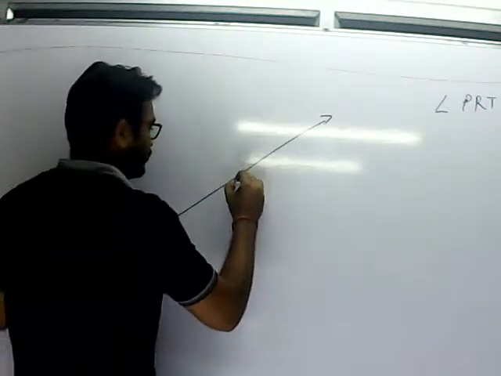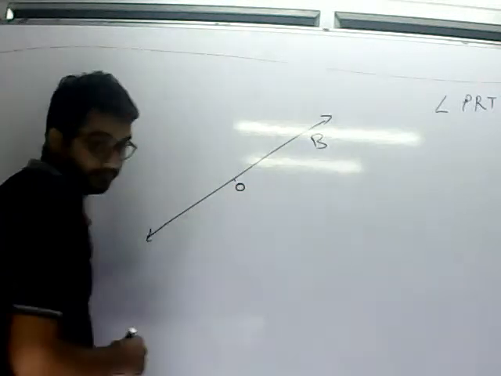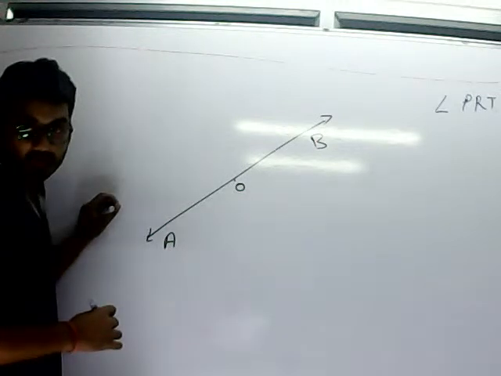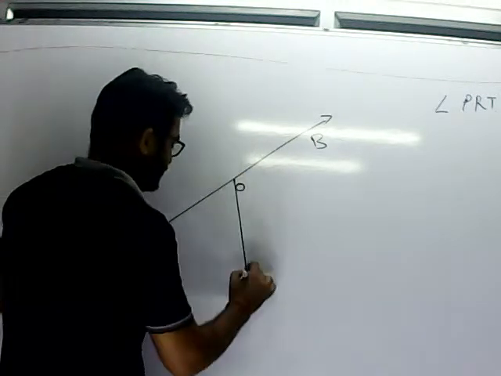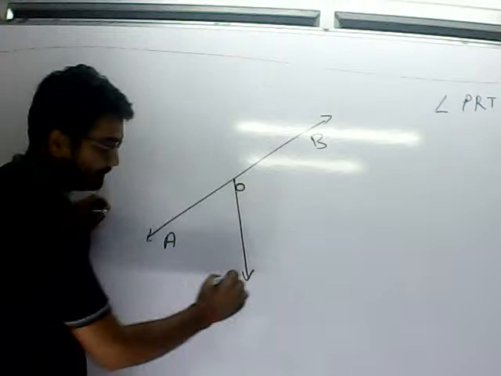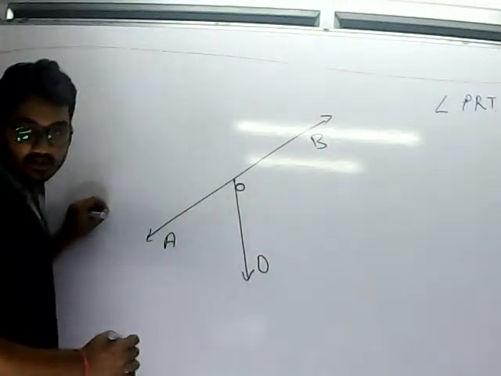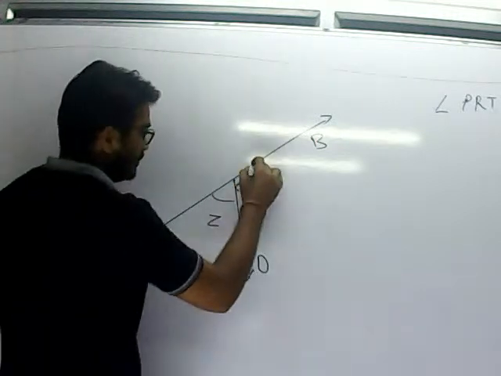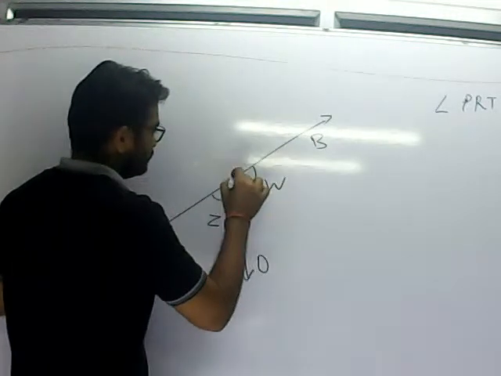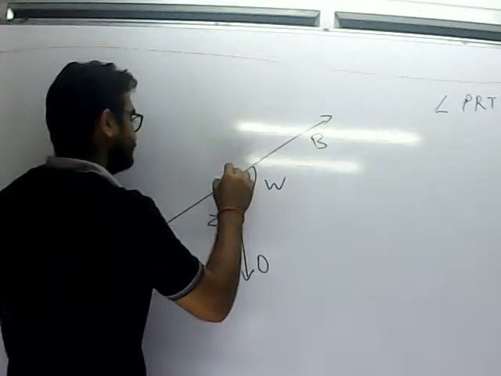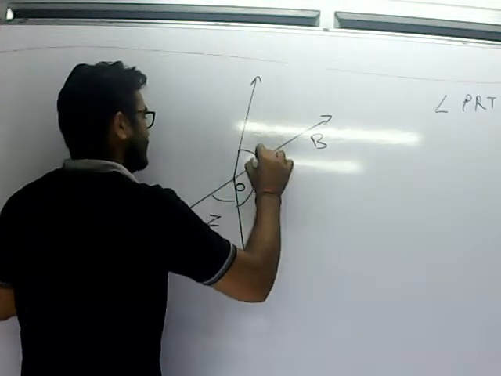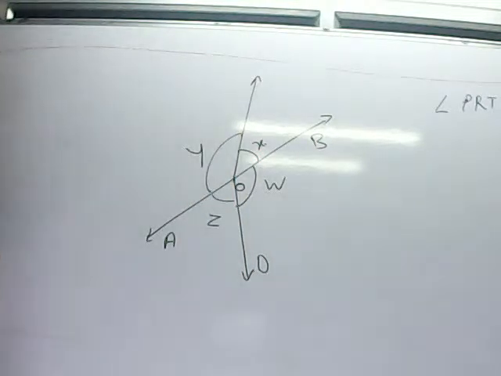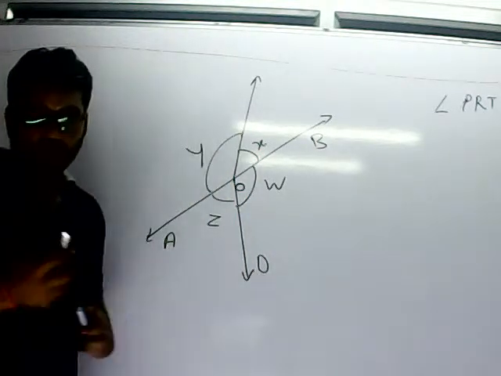Here we have the point O. This is B. This is A. From O, we have another line going downside, that is D. Then this angle is Z. This angle is W. This angle is X and this angle is Y. Now, what is given?